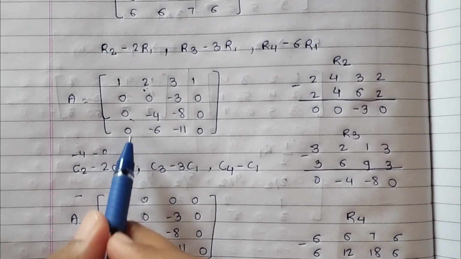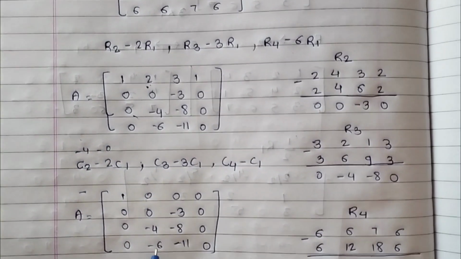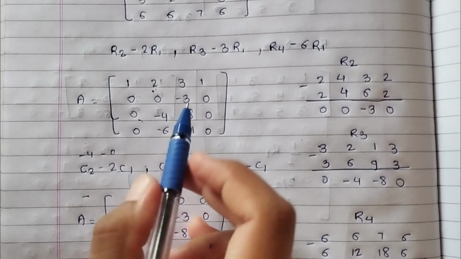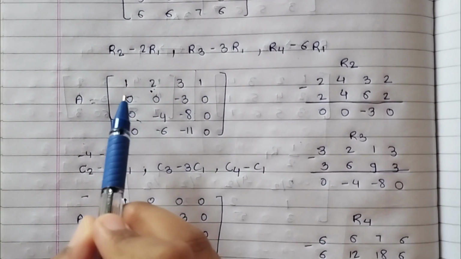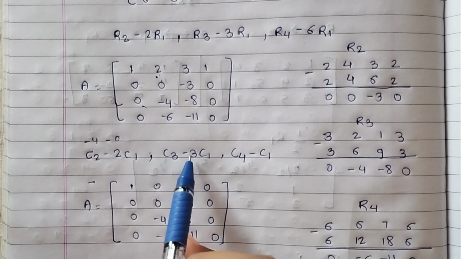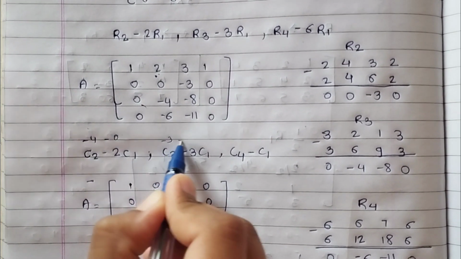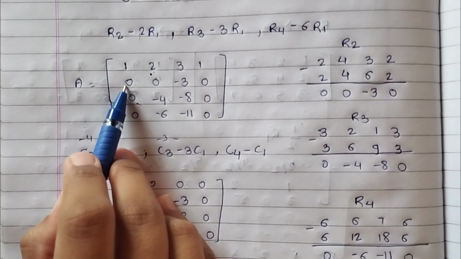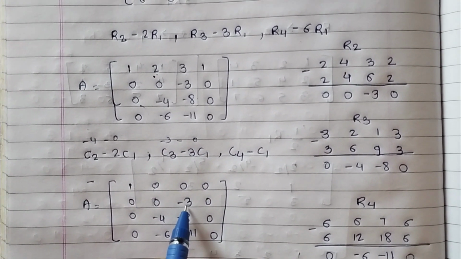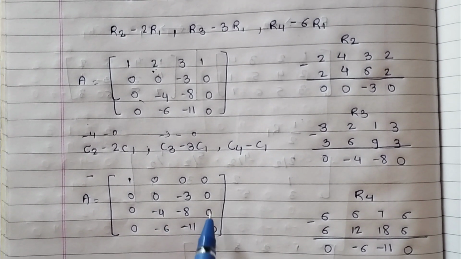Minus 2 into c1 means 0, so minus 6 minus 0 is again minus 6. In the same way c3 also: 3 minus 3 is 0, minus 3 minus 3 into c1 means 3 into 0 is 0. The answer is again as it is in c3. So in the same way, no effect on the remaining elements.